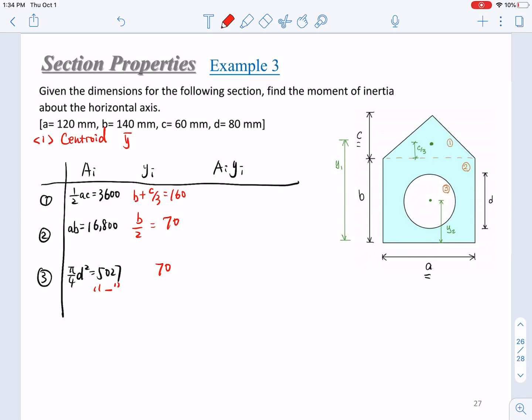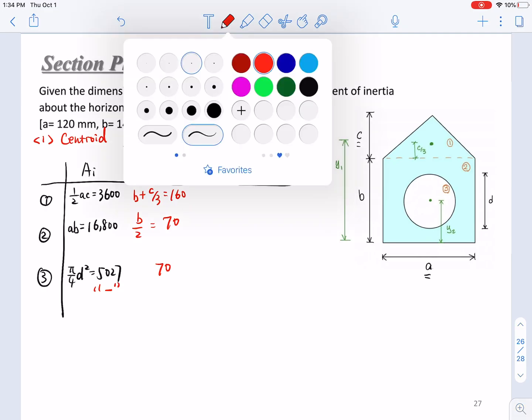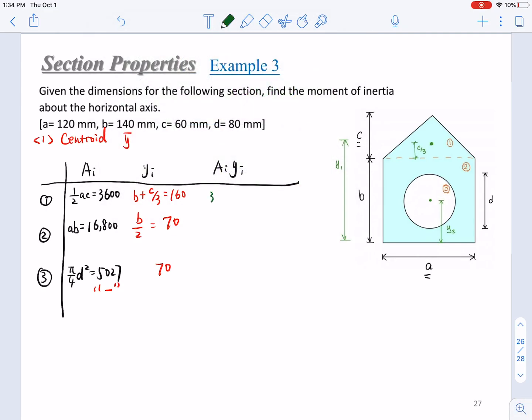Okay, so now we can calculate Ai yi. So Ai yi is 3,600 times 160, and here will be 16,800 times 70. And then here we get a negative 5027 times 70.